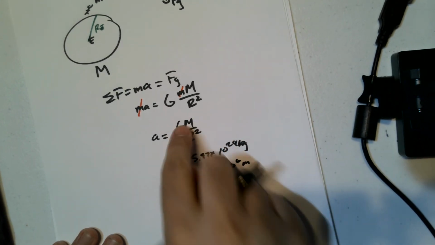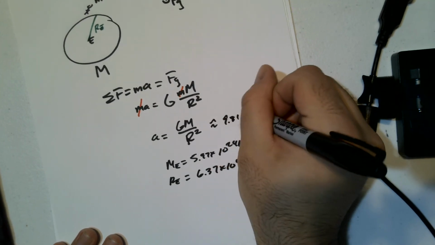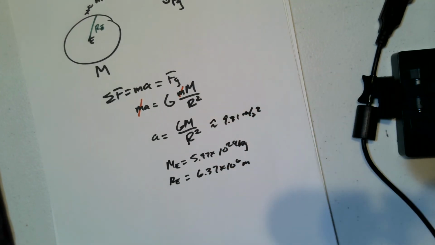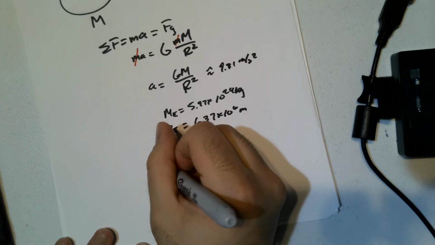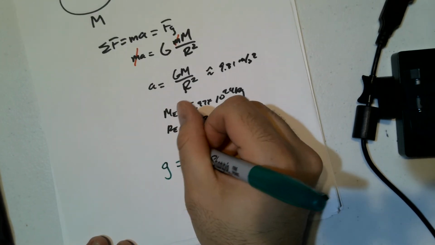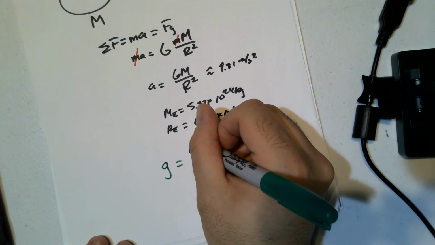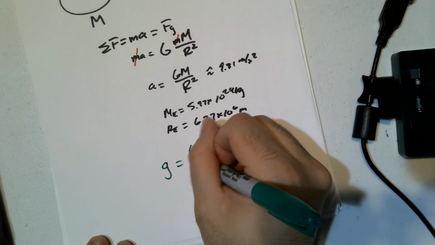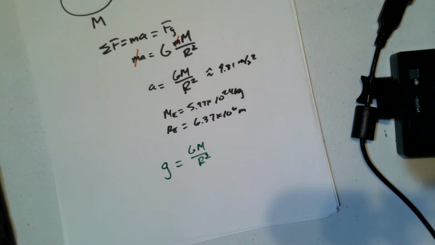You put those values in and you put in G, and what you're going to get is approximately 9.81 meters per second squared. That's where that comes from. So we have the ability to determine the acceleration due to gravity g at the surface. All you have to do is put in big G, mass of the planet, over radius of the planet, and you square it. And this gives you the acceleration at the surface.